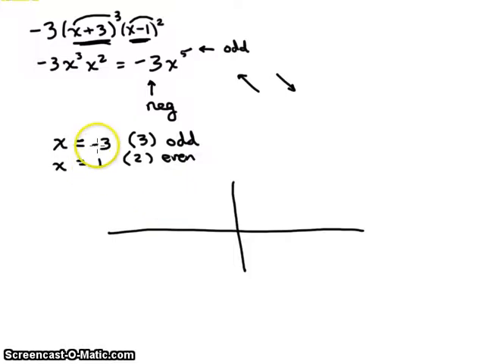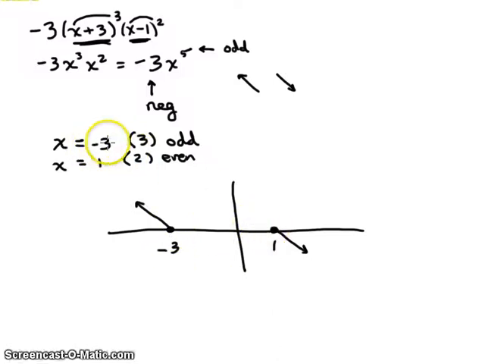Plot my zeros, negative 3 and 1. So let's go out here to negative 3, out here to 1. I'm going to put my end arrows on the outside zeros, the first and the last one, and they happen to be the only ones in this case. And now I want to see what happens between here and here.